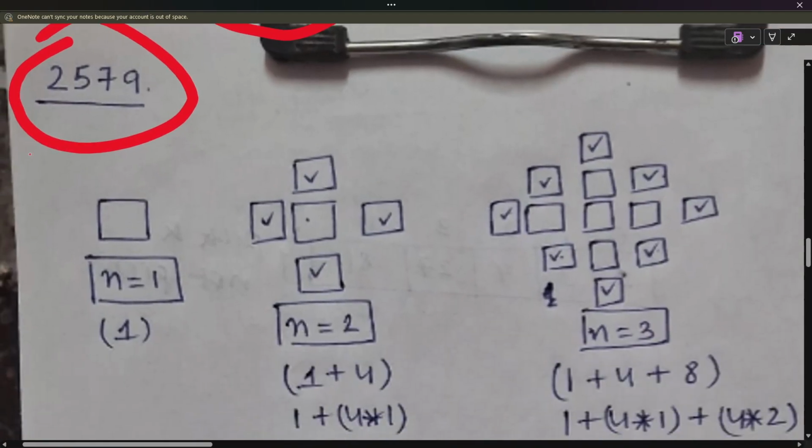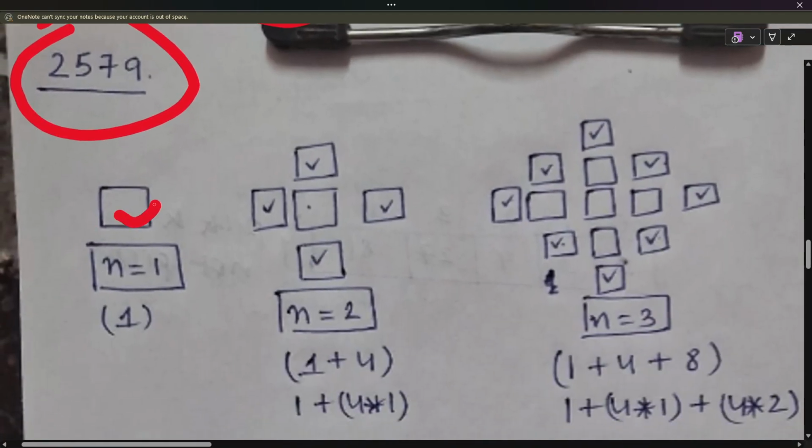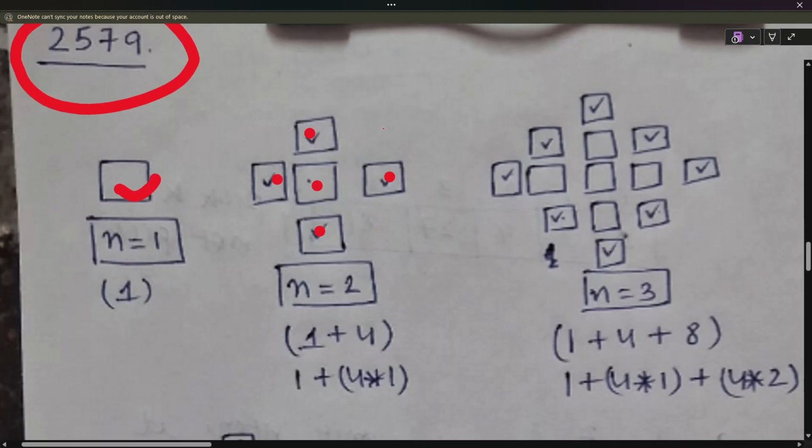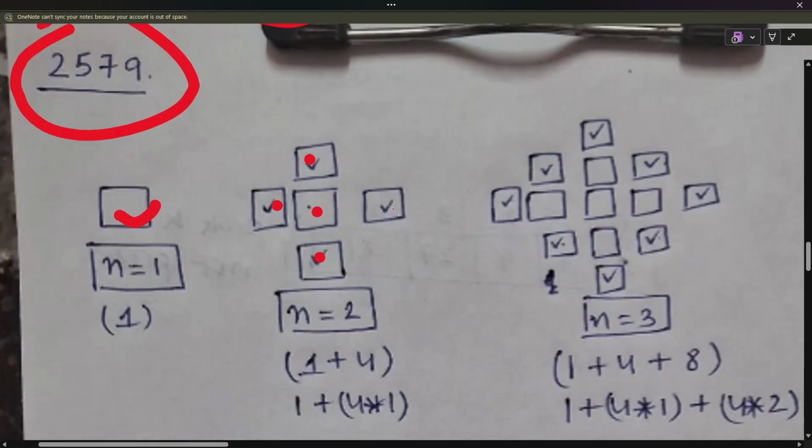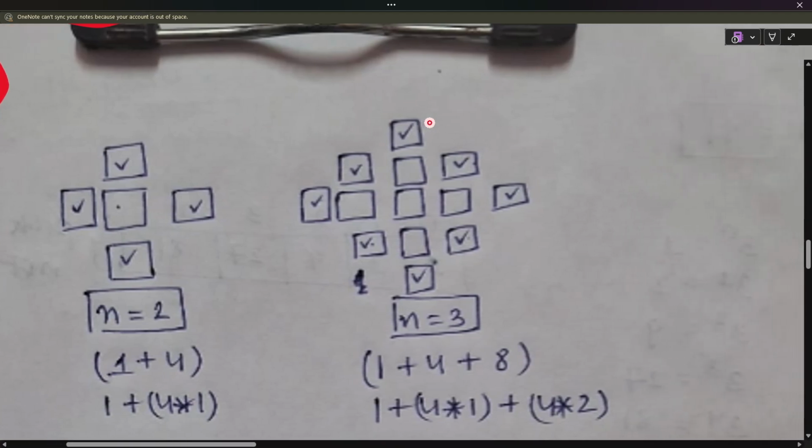Here we have n equal to 1, we have this cell. At n equal to 2, this will mark this, this, this, and this, and then we will have something like this at n equal to 2.